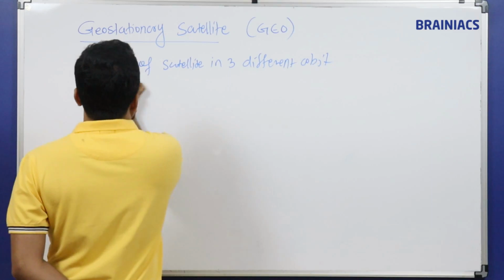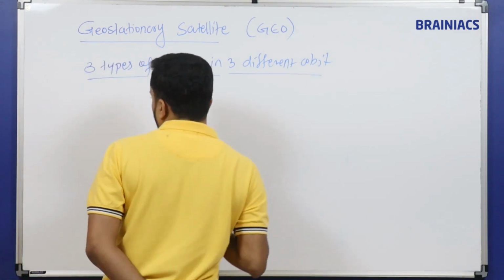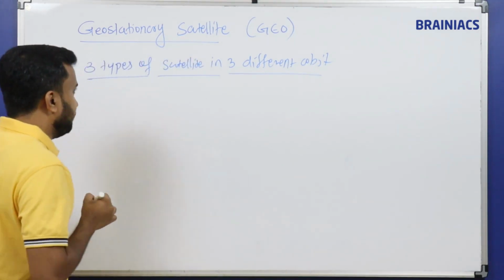There are three different orbits, and each orbit has particular satellites.